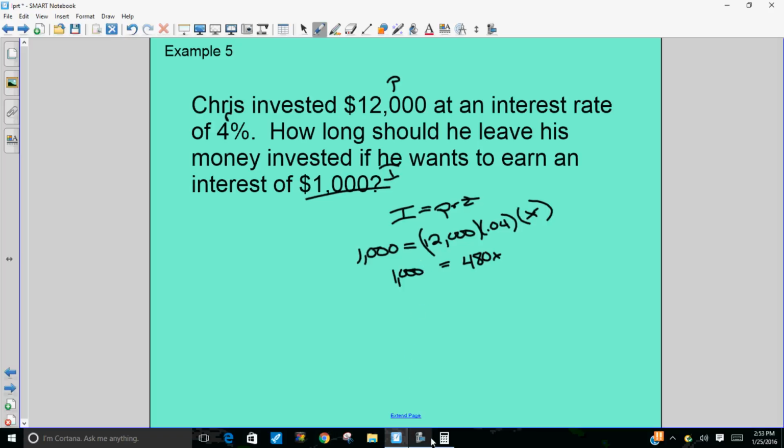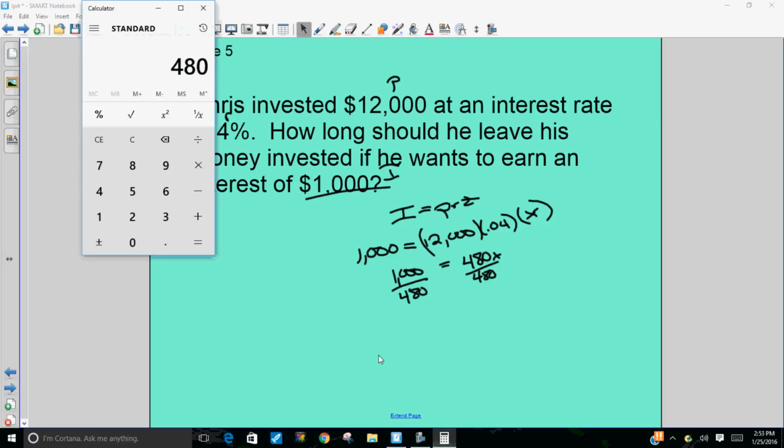Okay, now one more step, I got to divide this by 480. So 1,000 divided by 480 is 2.08. Alright, I'm going to round it off right there.